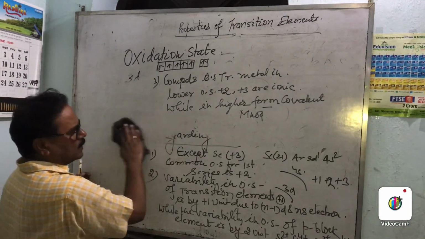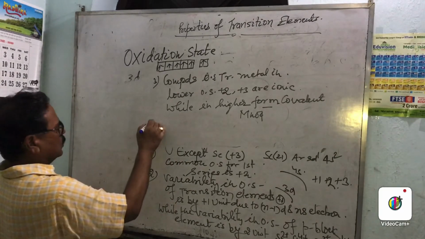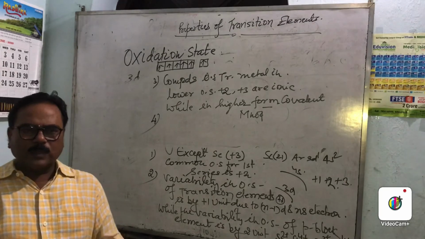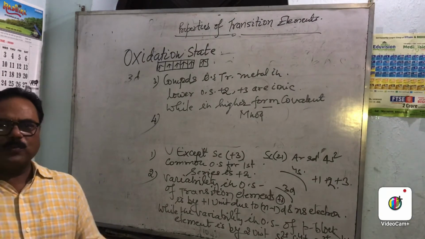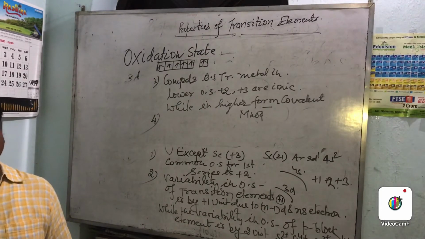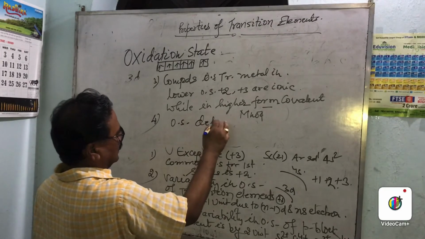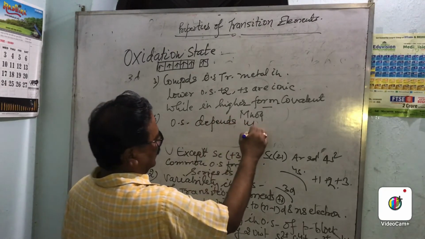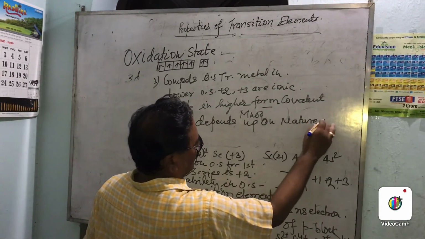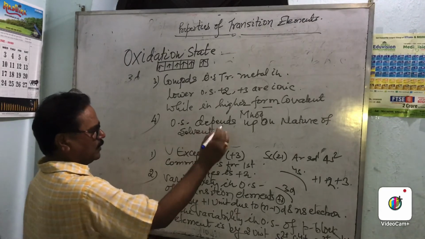Third point. And the fourth point, right? The oxidation state of a transition metal also depends upon the nature of the solvent.